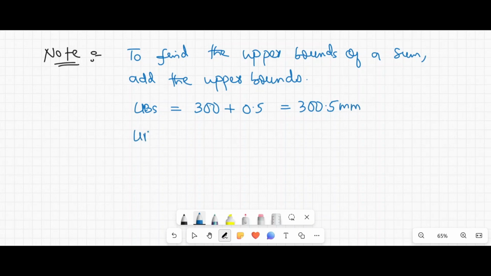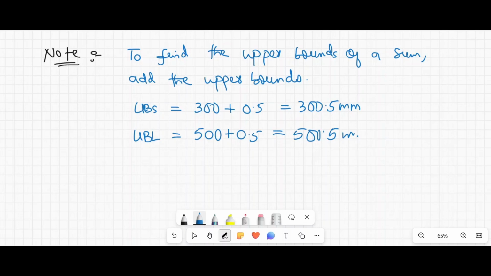And the upper bound of the larger is 500 plus 0.5, which gives 500.5 millimeter.